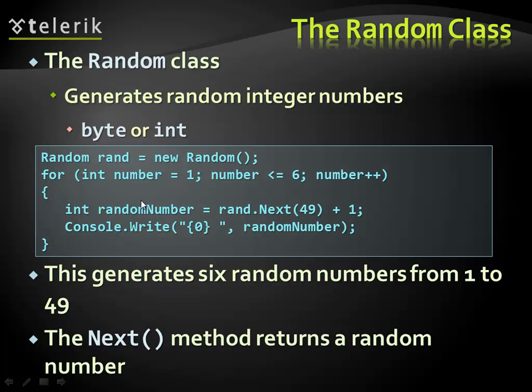And we are calling the instance method Next, which gets one argument here, 49. That means that it's going to return a random number between 0 and 48, I think. And then we're adding 1 to it, so we're shifting it to 1 to 49. So this loop will create 6 different numbers randomly, and every time print them to the screen.